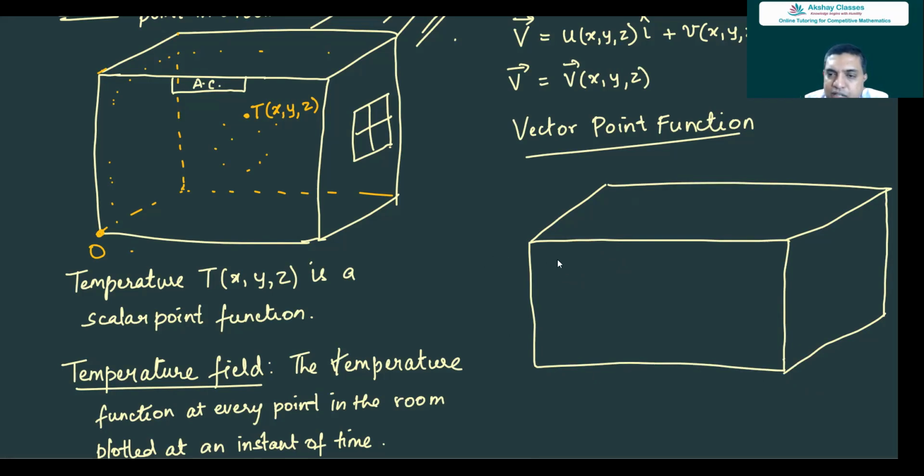So although they are flowing this way, let's say they come inside, but there may be obstacles that cause the fluid to move like this at every point.